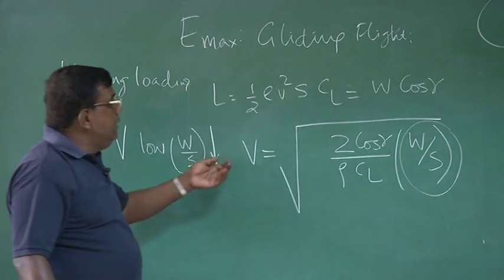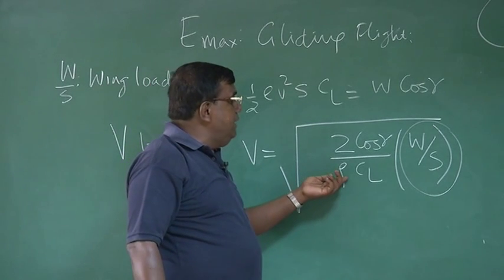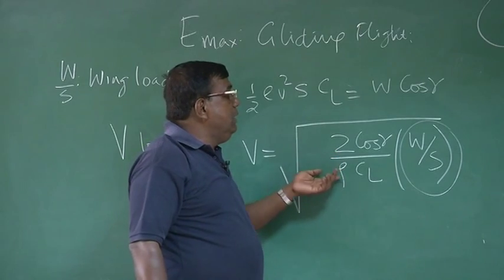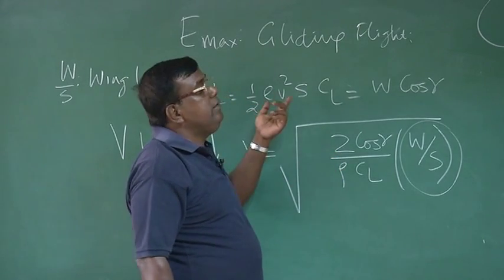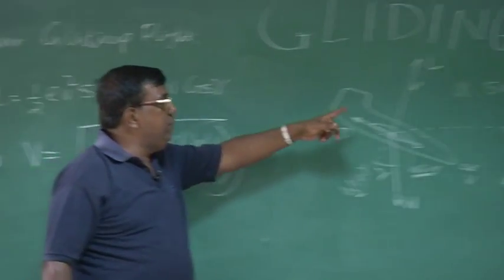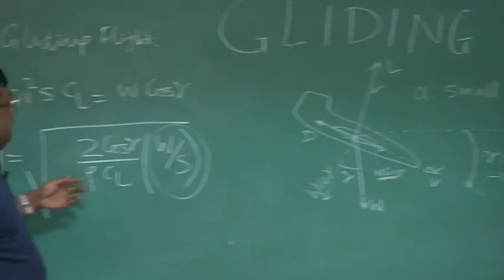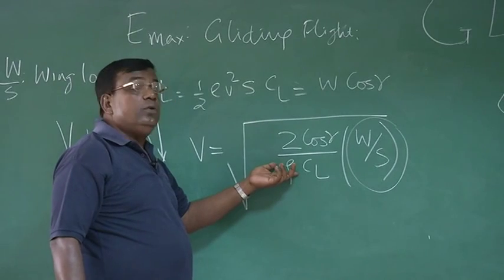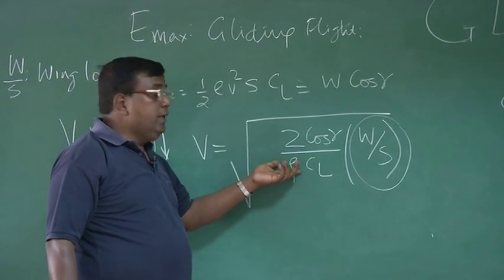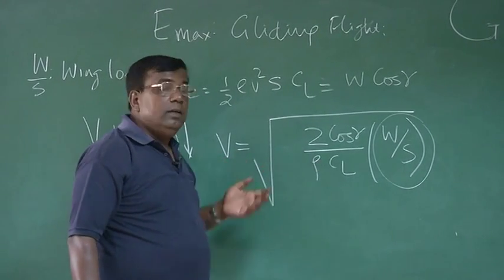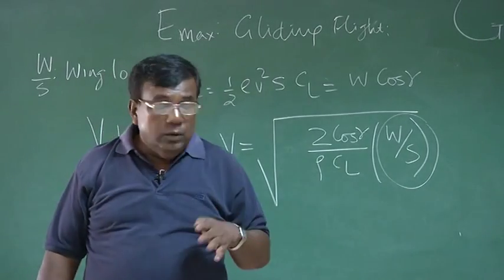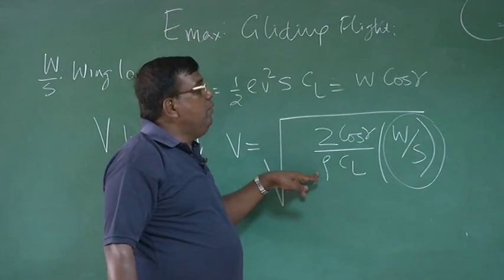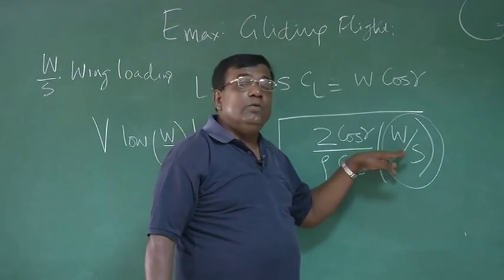Also it tells me that as I gain altitude, this V required to balance lift equal to W cos gamma also increases, because rho goes on decreasing as I go higher, so naturally V goes on increasing. Right? So minimum velocity you get at sea level for a given CL and wing loading.